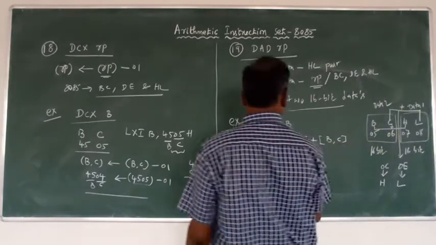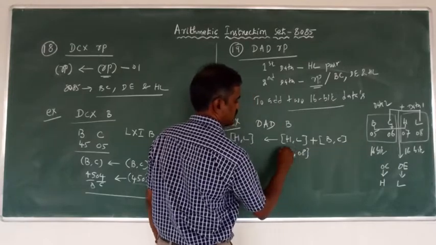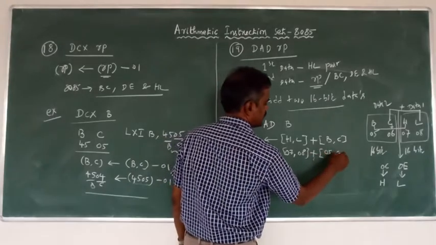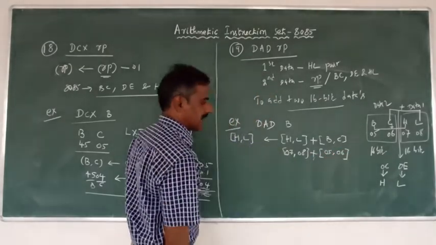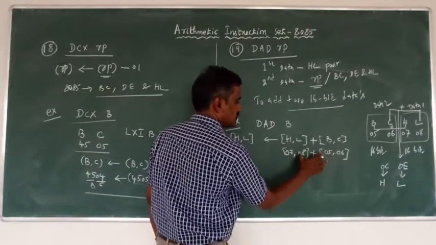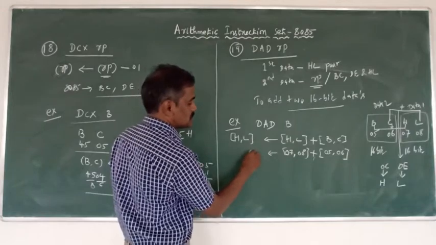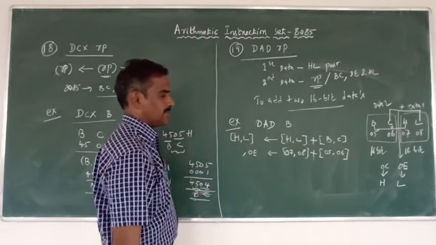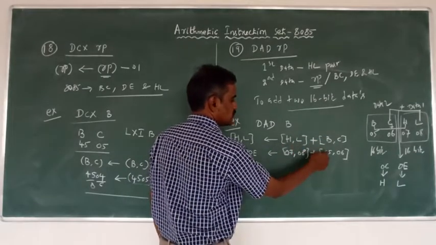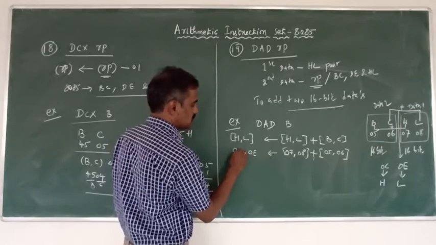Okay. HL 07, 08 plus BC 05, 06. It will add first C and L data, that result is stored in L register, 0E, and then H and B. Now add these two, that result is stored in H register, 0C.